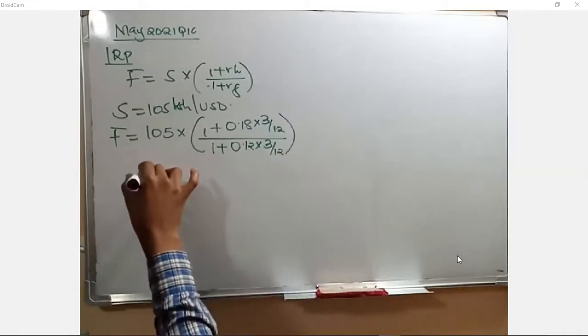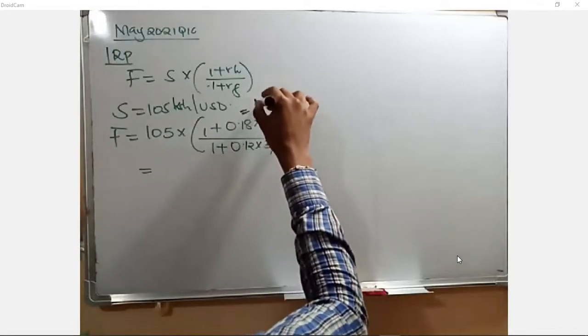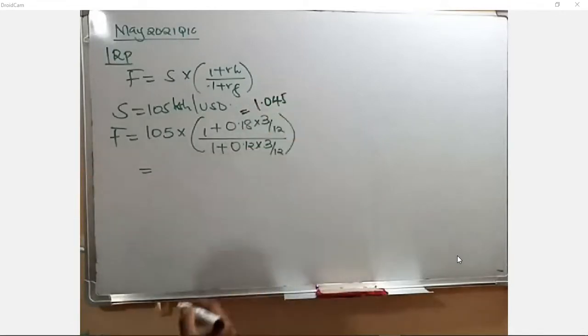How much is this? So, start with the multiplication there: 0.18 times 3 divided by 12. Here you are getting 1.045.